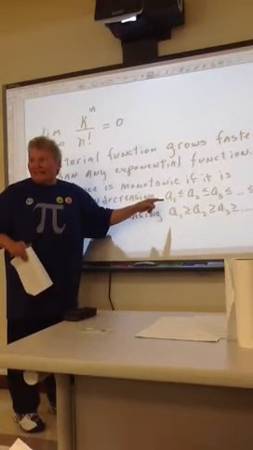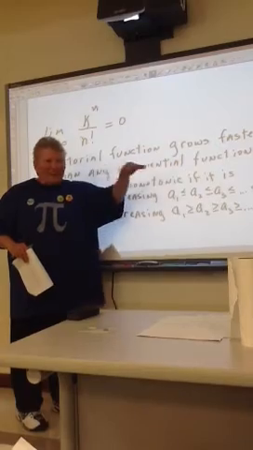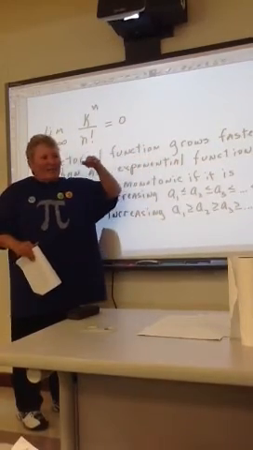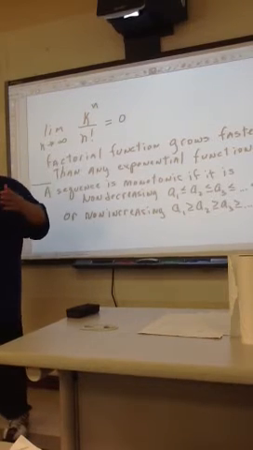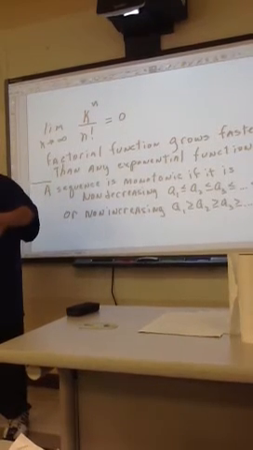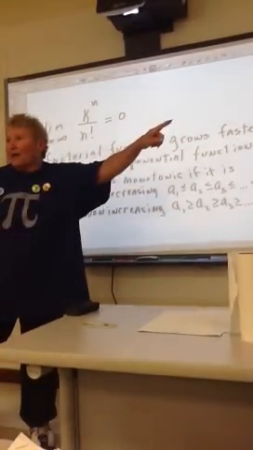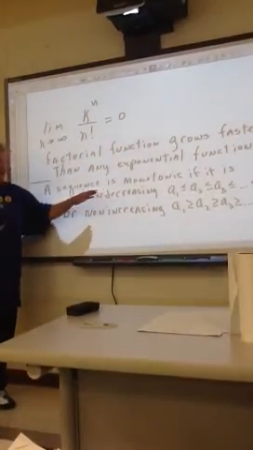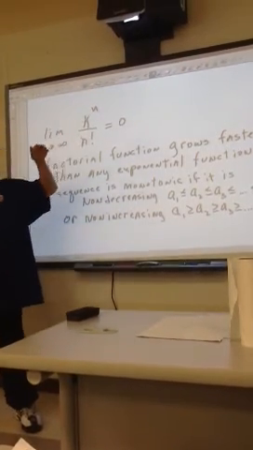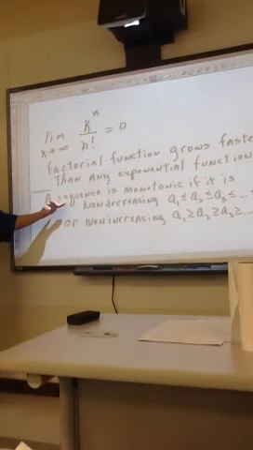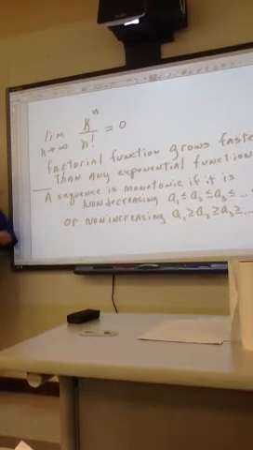But with sequences, it doesn't matter if some of them end up being the same value, as long as we're always looking long term with sequences. So it's not the here and now that I'm that concerned with, it's what about out there. So as long as in the long run I'm increasing, or in the long run I'm decreasing, the sequence is called monotonic. And some values, it's all right if they're equal.